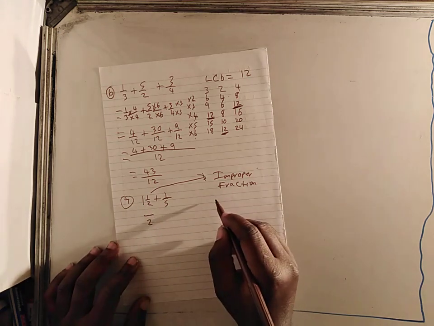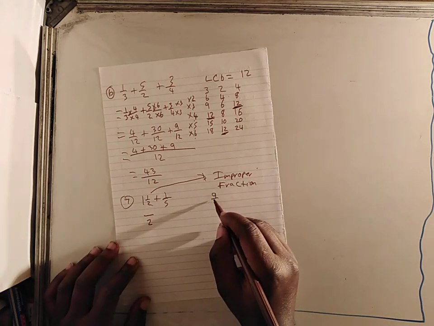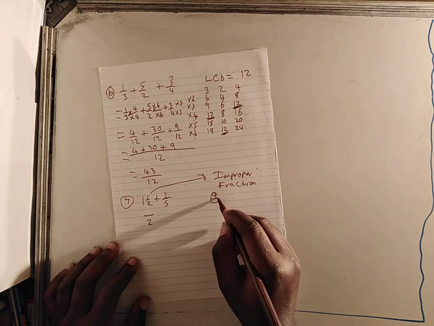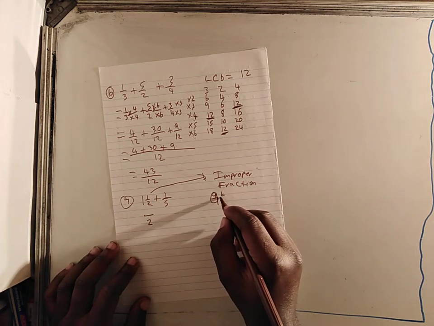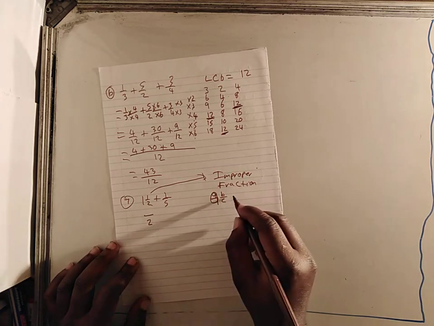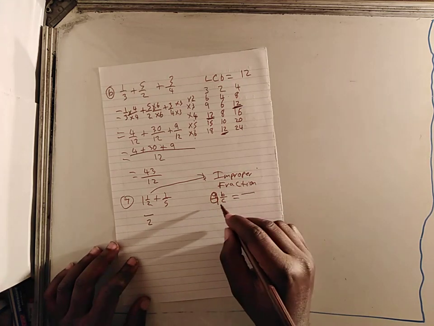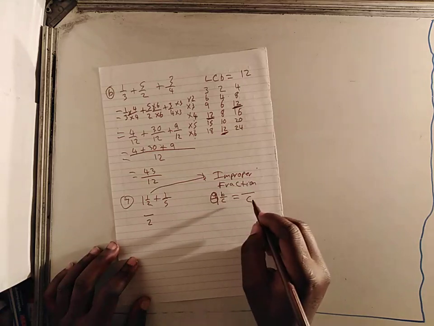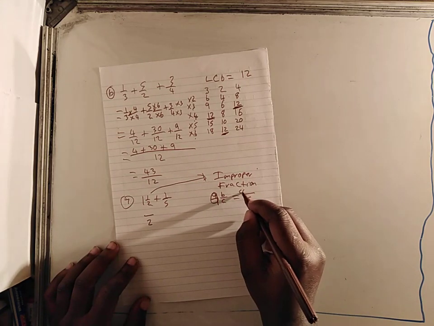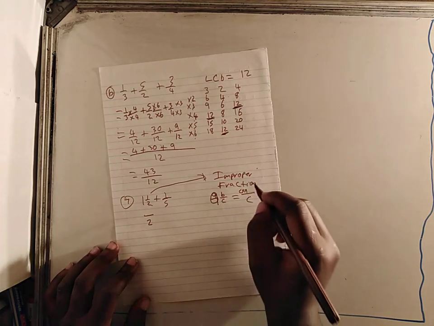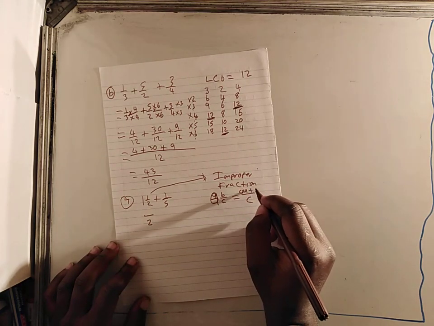So for example, if you have a and then there is b over c here, you will just take c as it is here, and then on top you will say c times a, and then whatever answer that you get, you'll say plus b.